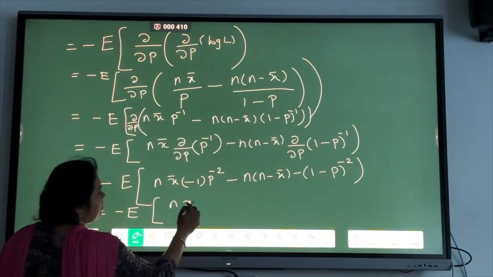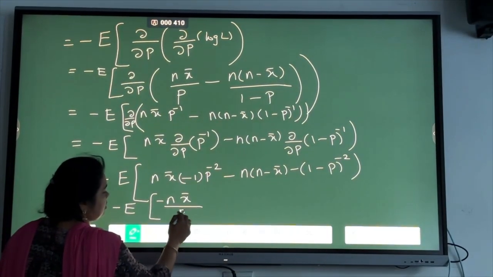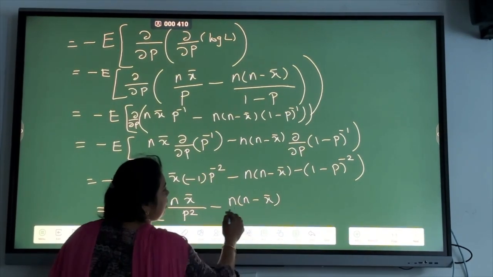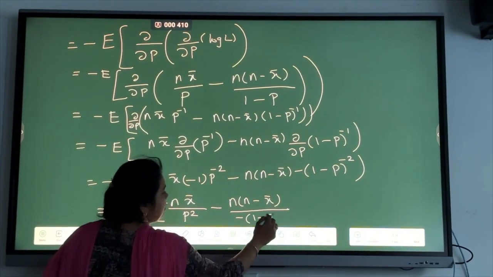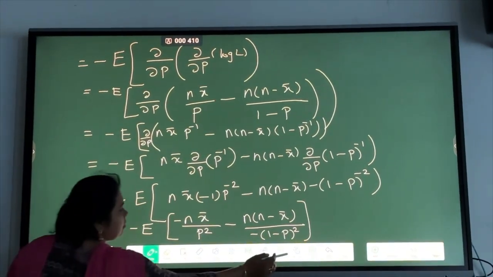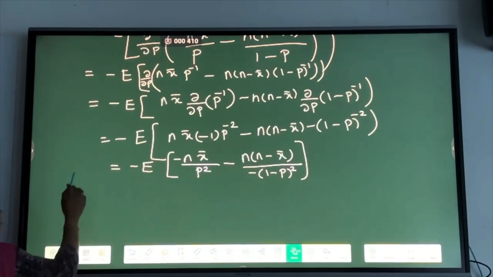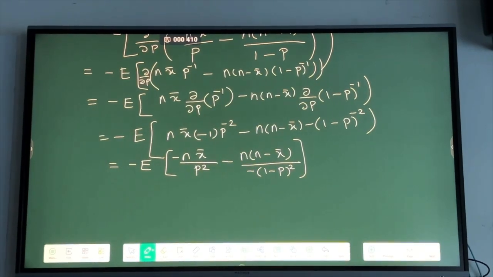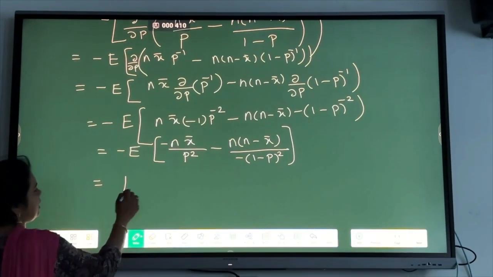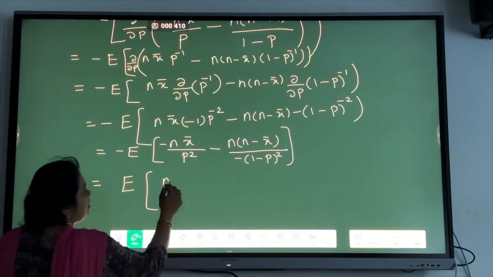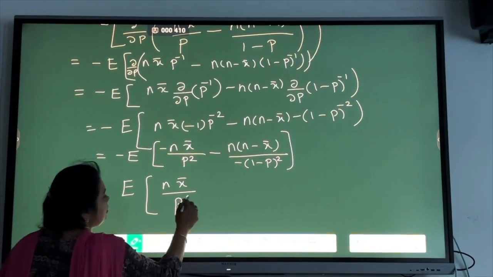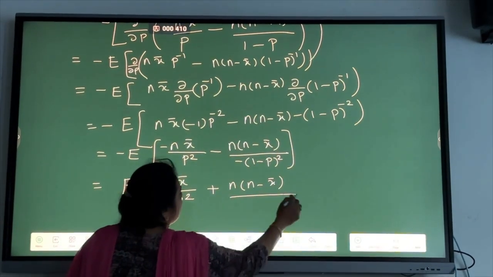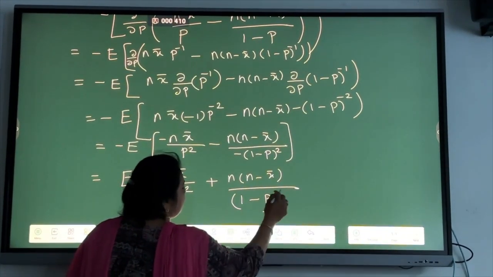So n x bar by p square minus n into n minus x bar by minus 1 minus p square. So you will get it like this. Which we can rewrite as capital E multiply minus inside n x bar by p square plus n into n minus x bar by 1 minus p square.